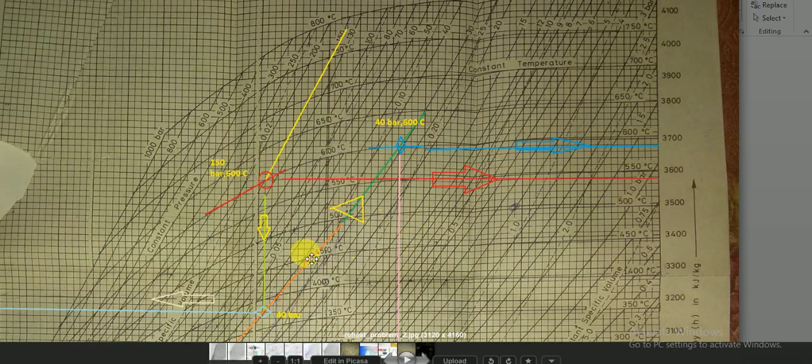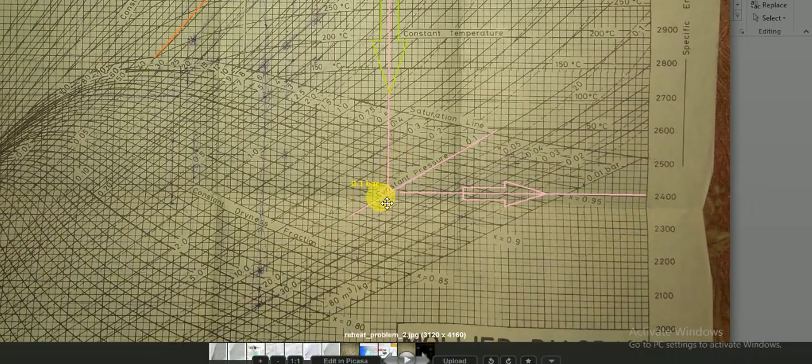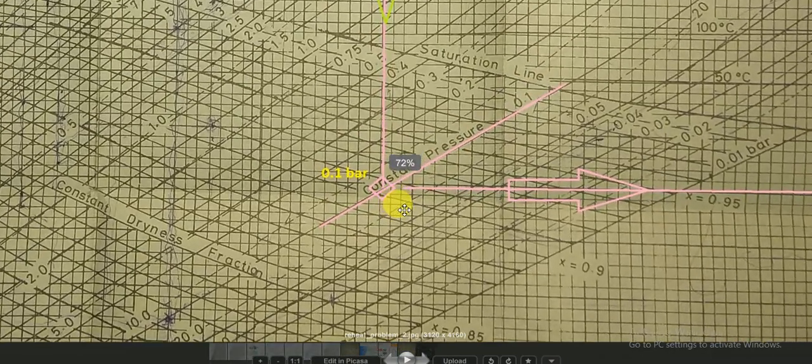Next, taking the 40 bar line and joining the straight line with 40 bar, note down the value of H4. Next, taking the 40 bar line, 600 degrees Celsius, note down the H5. Next, moving straight down along the straight line, meeting it with the 0.1 bar line, you will get the value of H6.